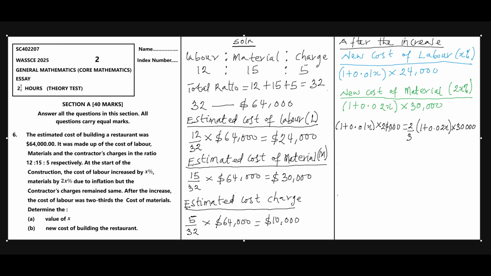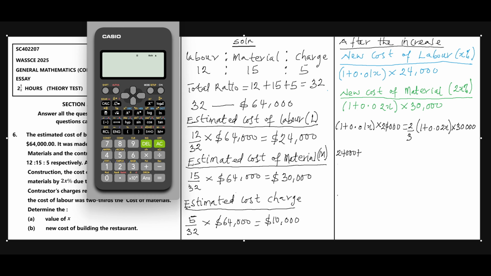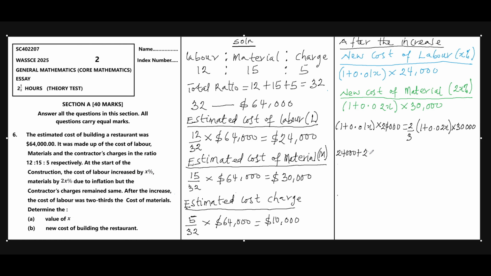So now let's expand. 24,000 multiplied by 1 gives 24,000, plus 0.01 multiplied by 24,000, which gives us 240x.